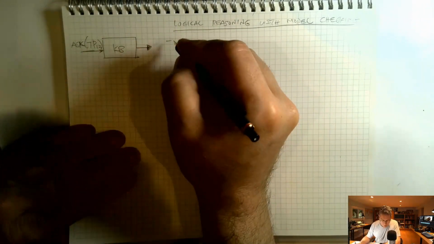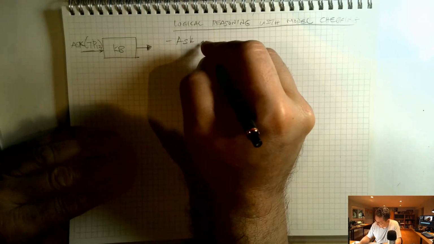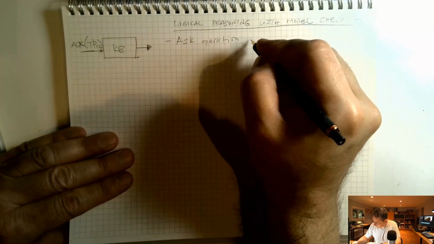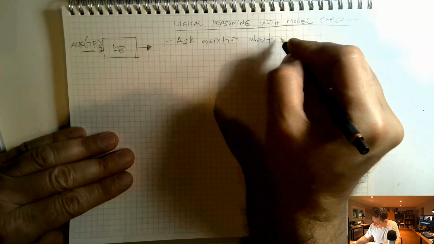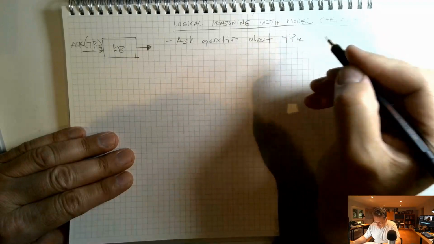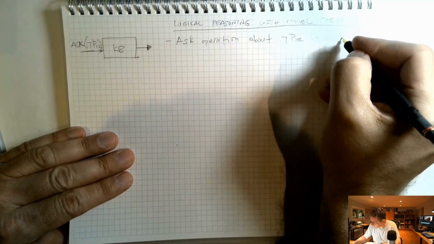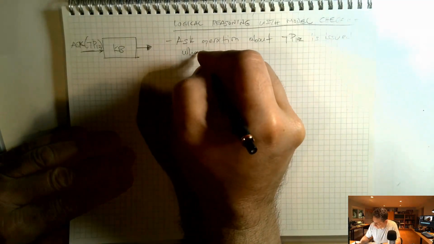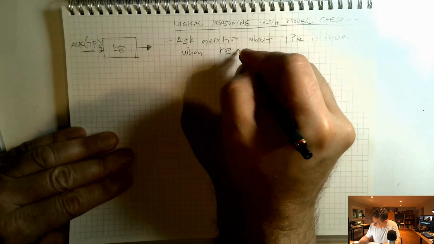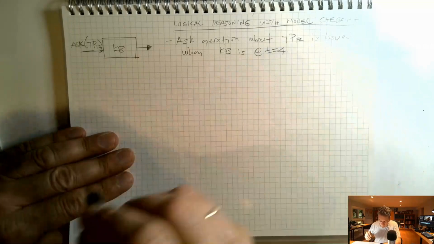The first point is that the ask operation about the negative P12 is issued when the knowledge base is at t equal to 4.